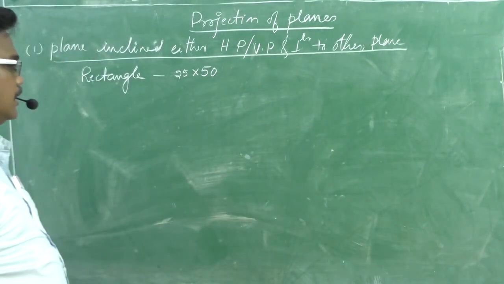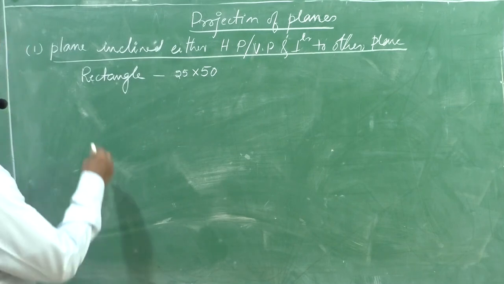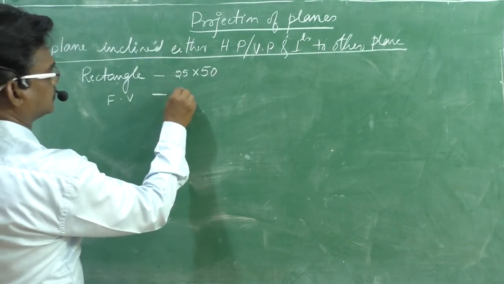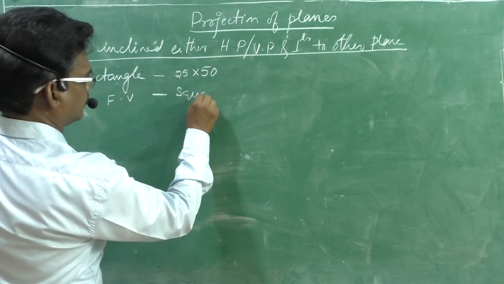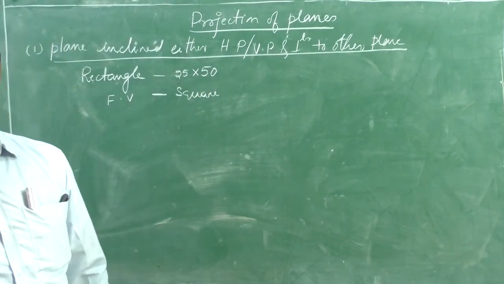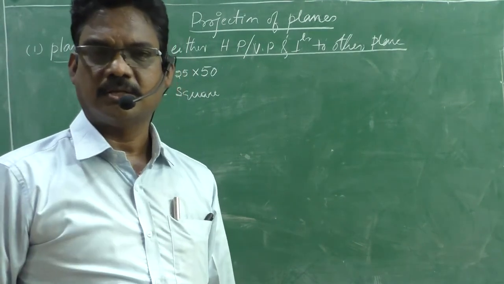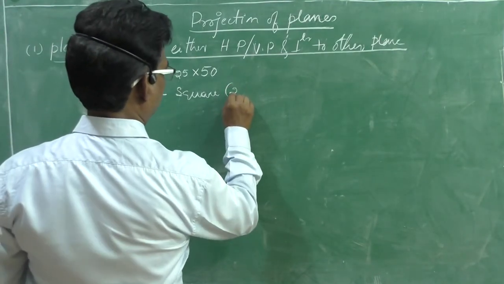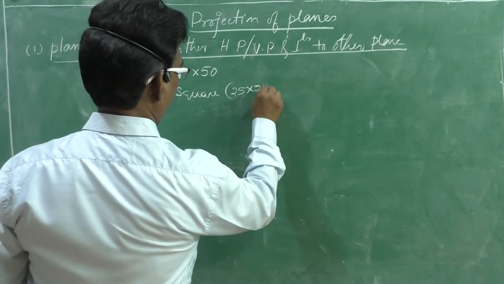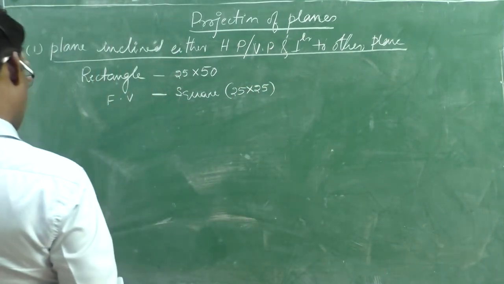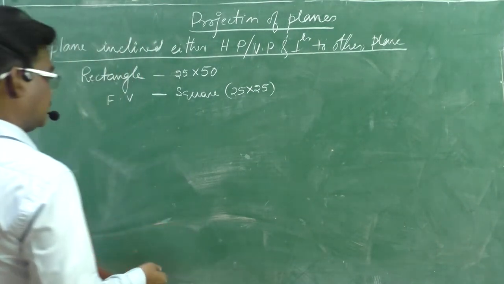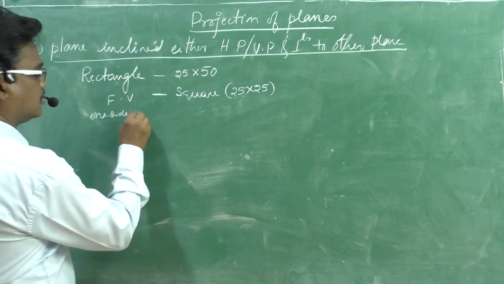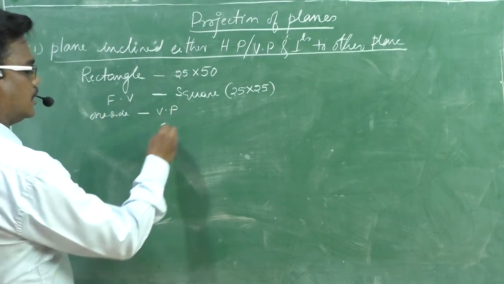And it looks like a square in the front view. The square dimensions are also not given in the problem. You can guess the dimensions are 25 by 25. Now, the plane has one side in the VP.